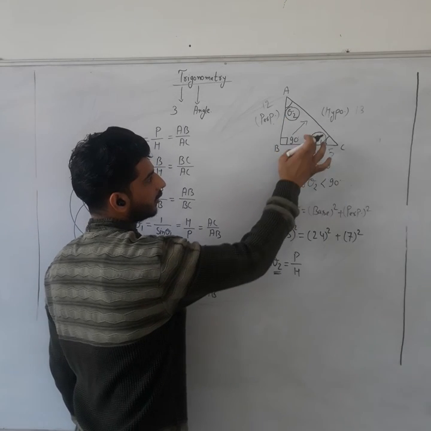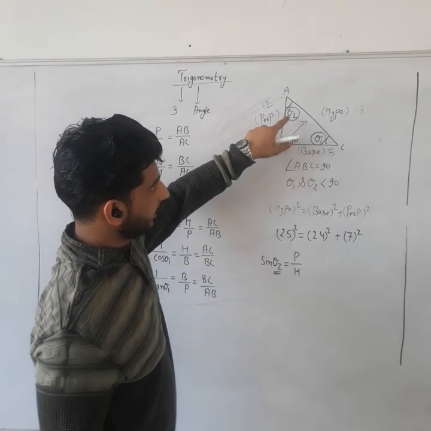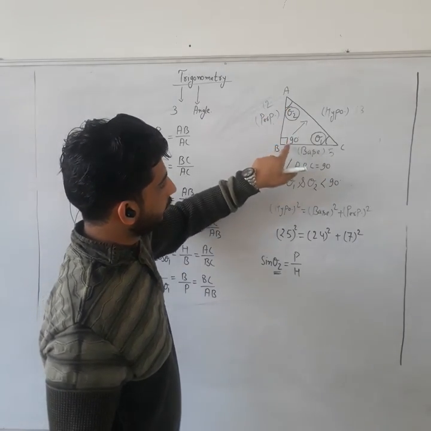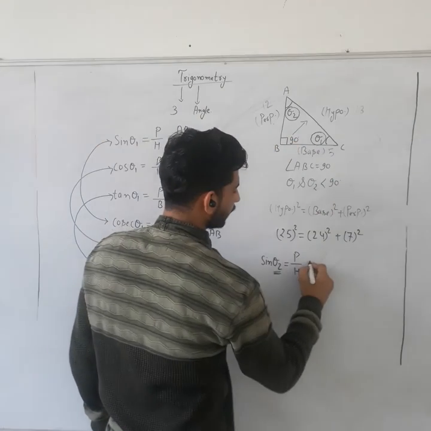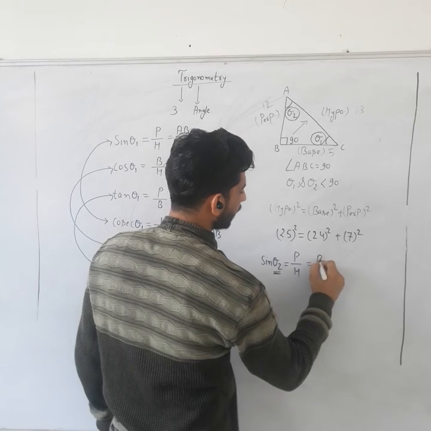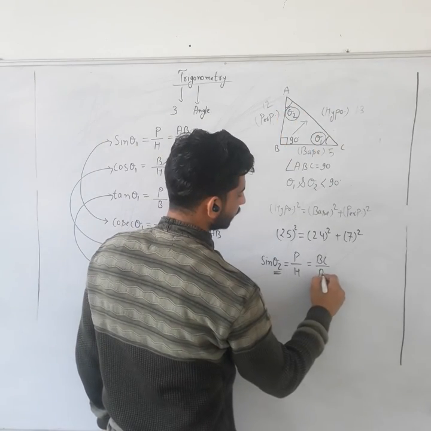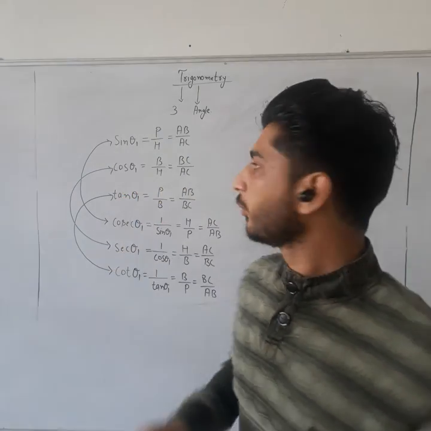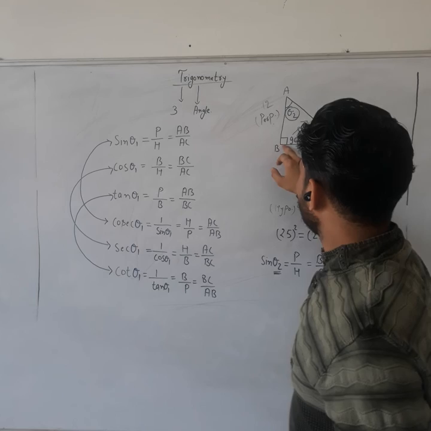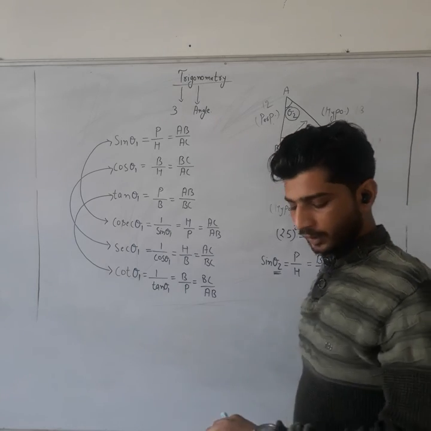In the previous section, in front of theta 1, AB was the perpendicular, and in this section, BC in front of theta 2 will become the perpendicular. So sine theta 2 is BC upon the hypotenuse AC. The hypotenuse remains the same because the 90 degree angle remains, and the side in front of 90 degrees is known as the hypotenuse.